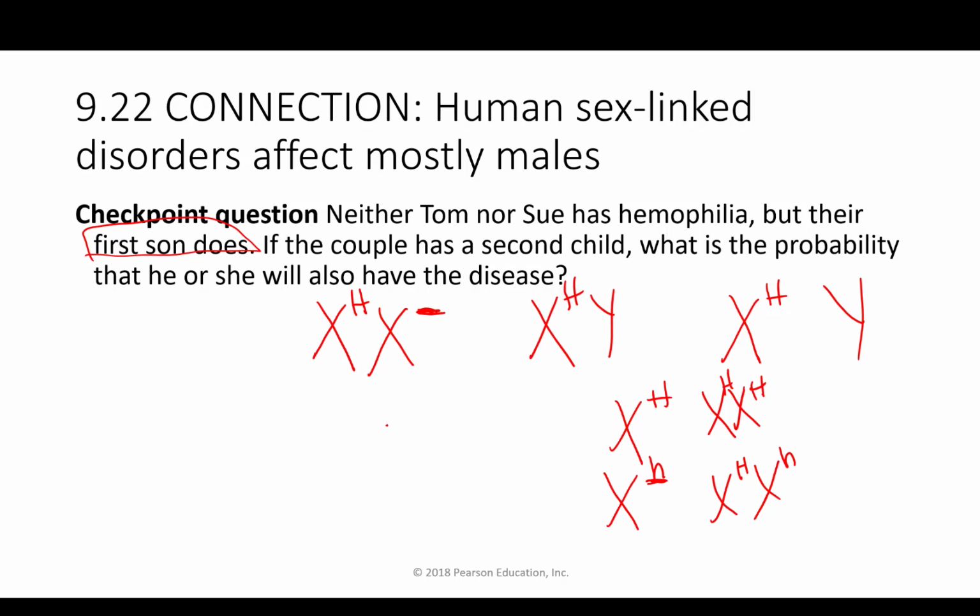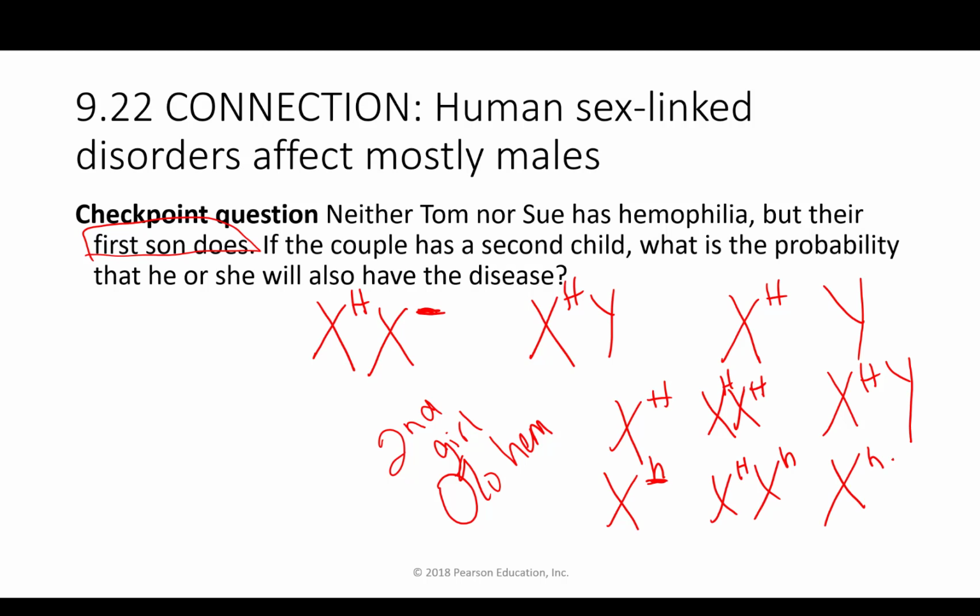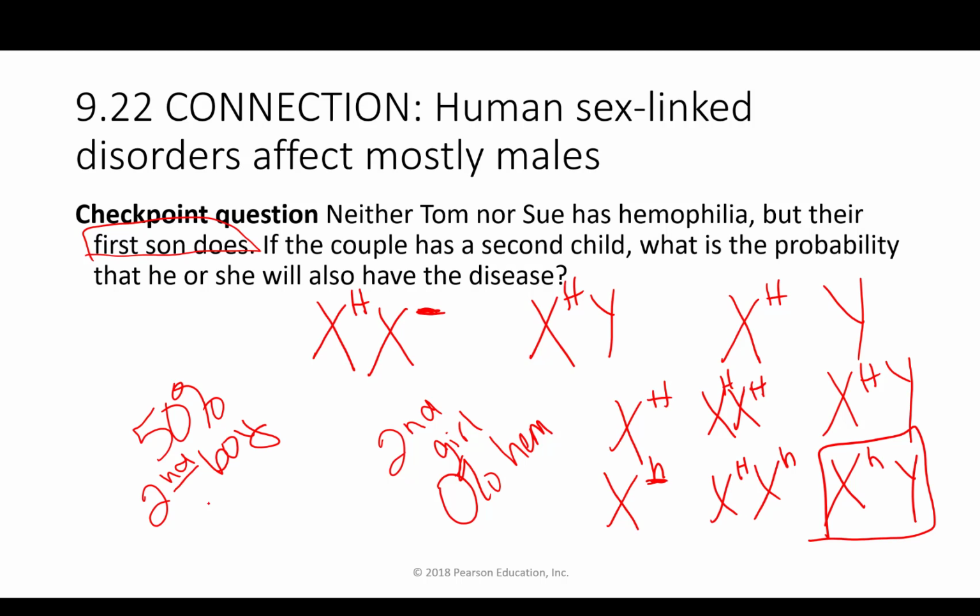If the second child is a girl, then there is a 0% chance that she'll have hemophilia. Now, if the second child is a boy, you can see here that you have a 50% chance of the second child, a boy, having hemophilia.